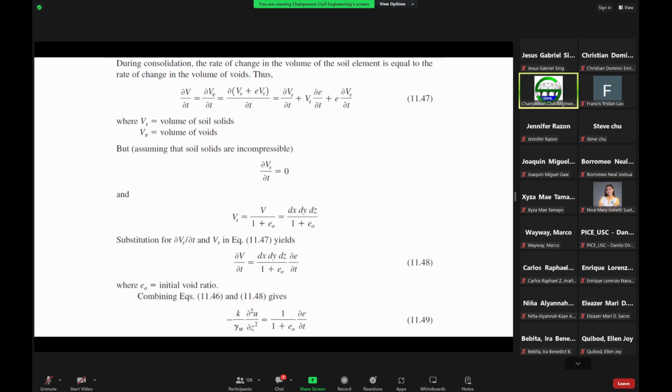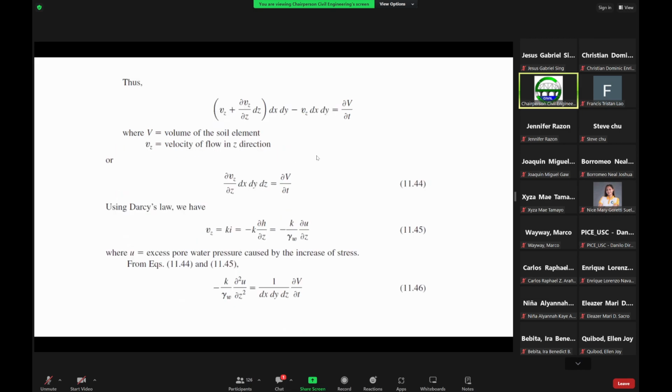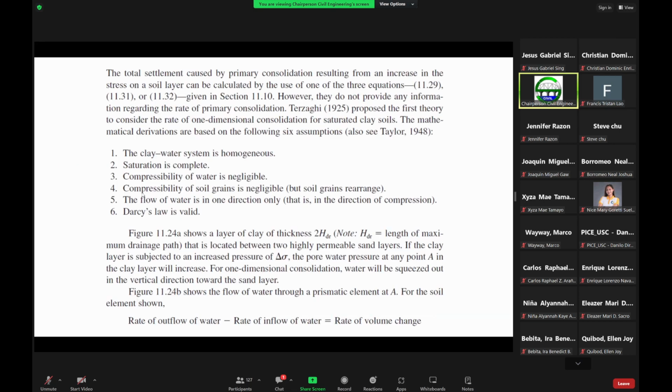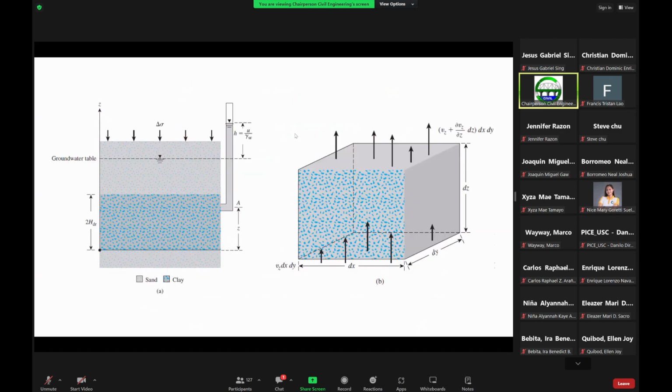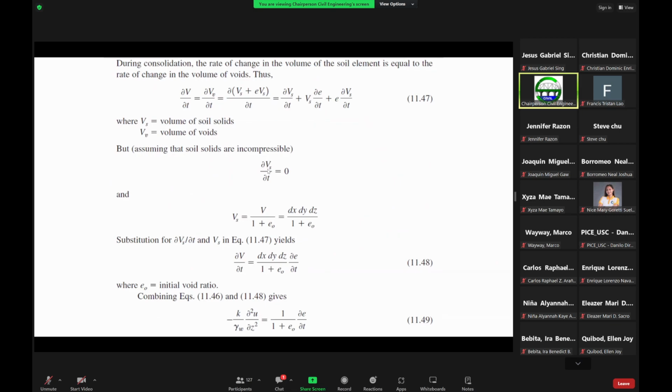With such an equation, we can assume that the soil solids are incompressible. If we go back to the assumptions, the compressibility of the soil grains is negligible. So the change in the volume of solids is negligible, or equal to zero with respect to time.